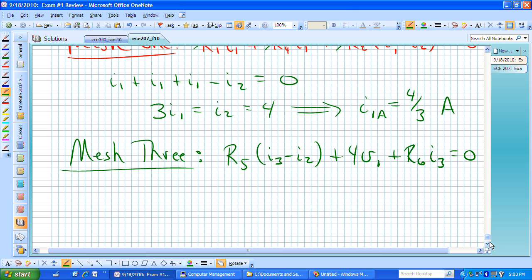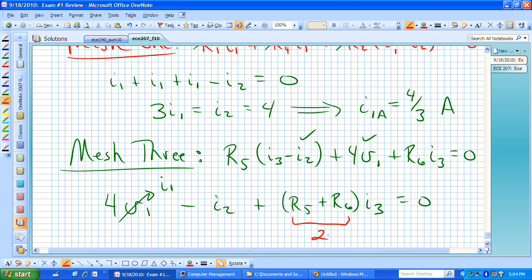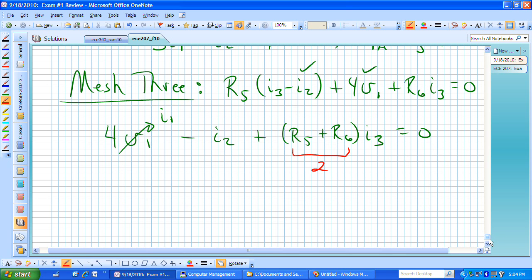Realizing that V1 is I1 and that the R's are all 1, we have 4 V1, which is 4 I1, minus I2. Now we've taken care of those two pieces, and we have plus R5 plus R sub 6, I sub 3 equaling 0. These two are going to give us a coefficient of 2 for I sub 3. I sub 2 is 4 in this particular case. I1 we just computed earlier, and that was 4/3.